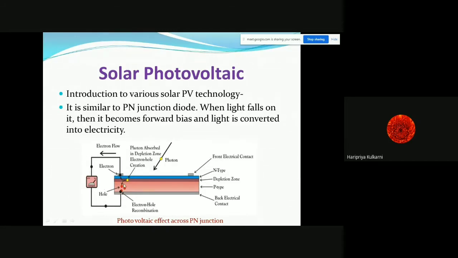Whenever a sufficient amount of sun radiation, or photons, falls on the junction, it will start conducting and current will flow through it. So it is similar to the photodiode. In the same way as a PN junction diode operates, solar photovoltaic operates. When light falls on the PN junction and it becomes forward bias, then light is converted into electricity.